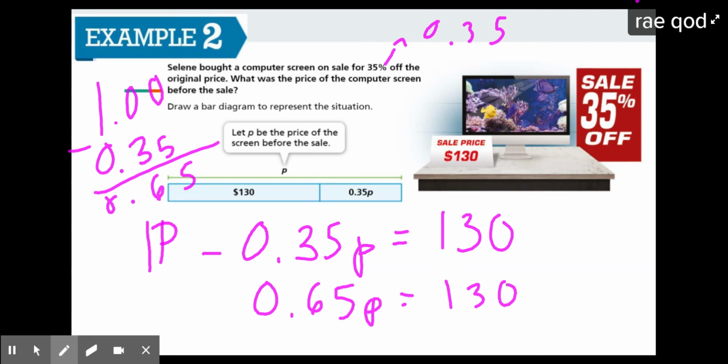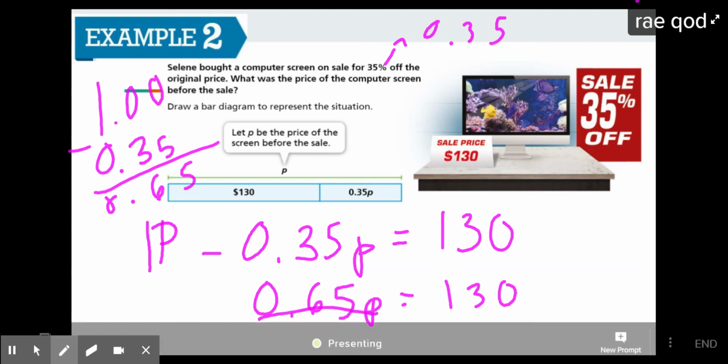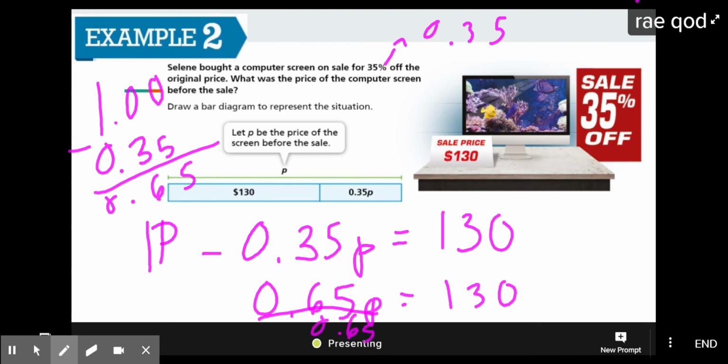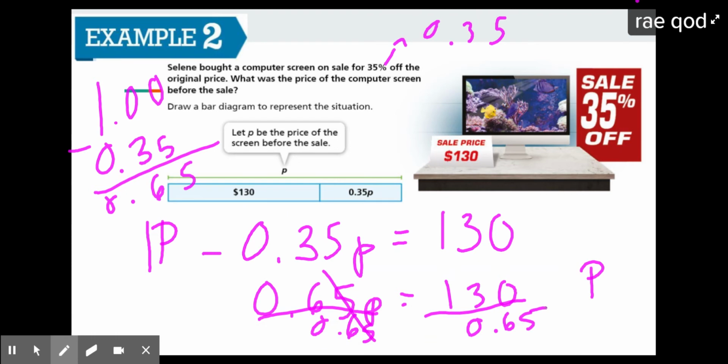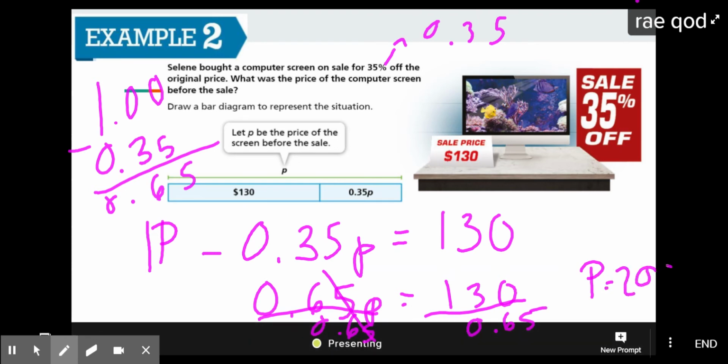So I'm going to divide 65 hundredths by 65 hundredths, and I get just P left over. Then 130 divided by 65 hundredths, I get 200. So the original price of the computer screen was $200.